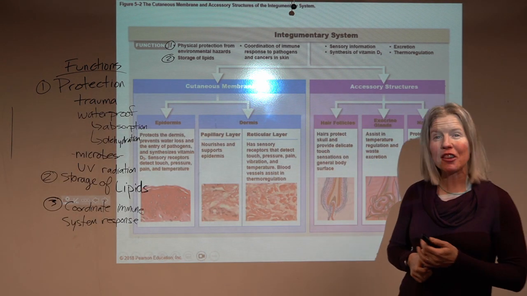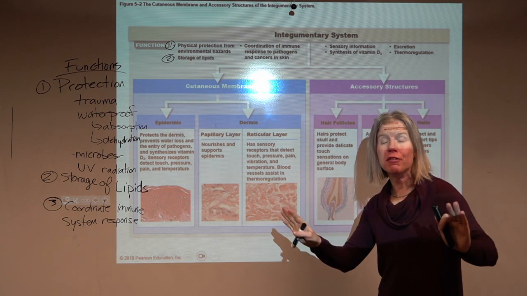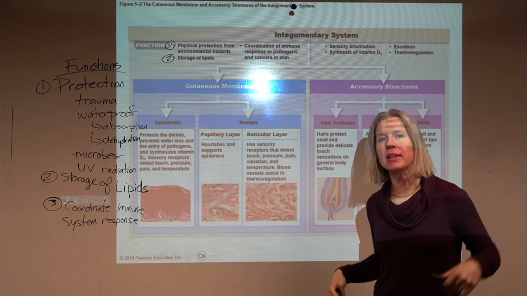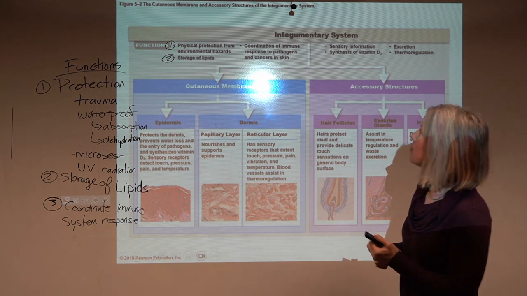So we'll see some specialized cells that are kind of a frontline defense, where if something does get into the skin, we can tell the rest of the immune system, hey, this bad guy is trying to get in. Okay.